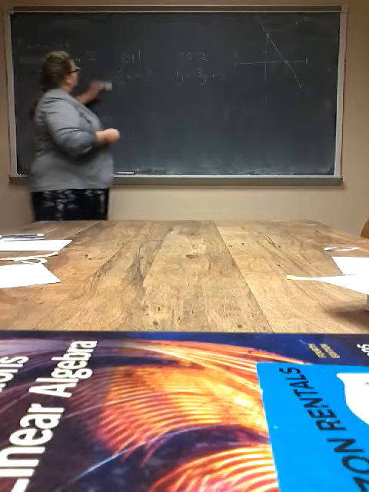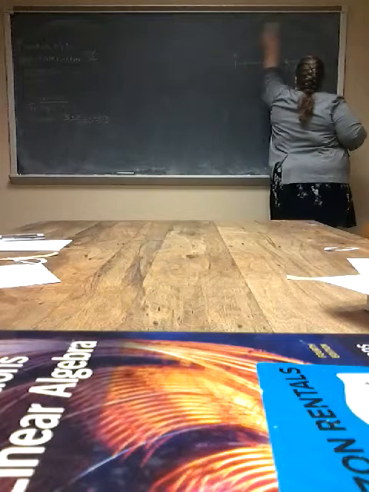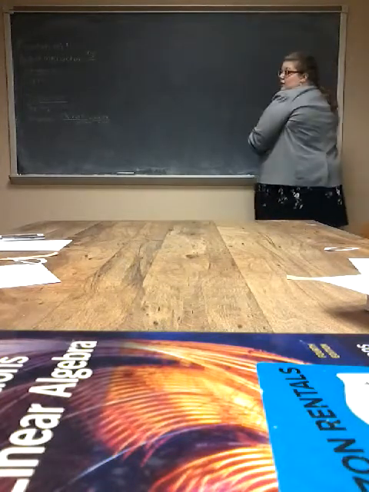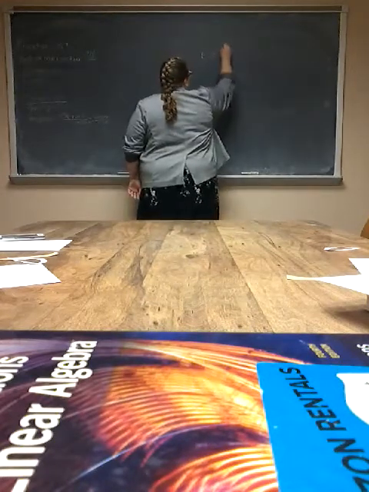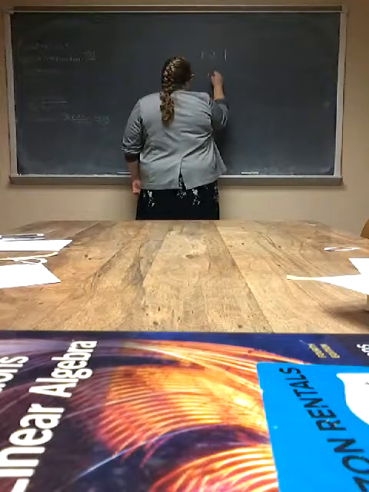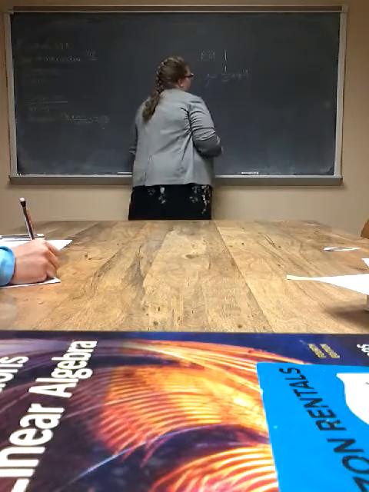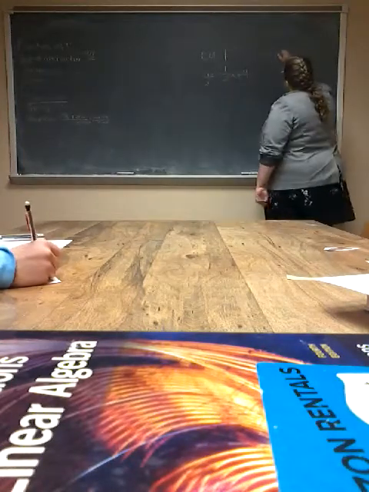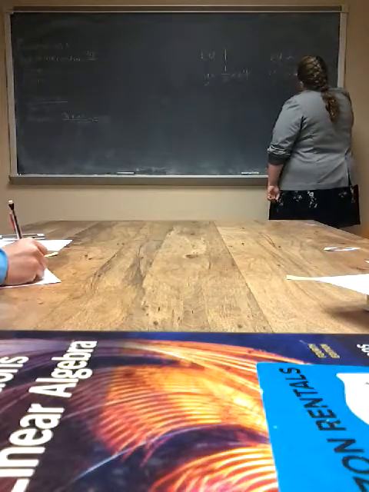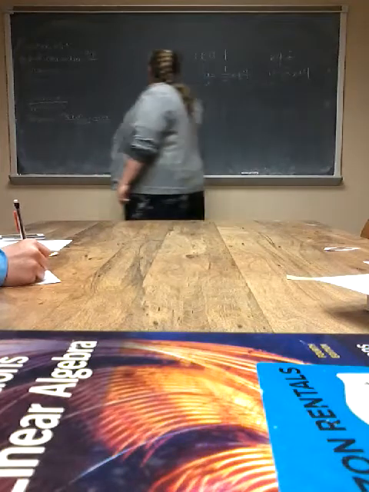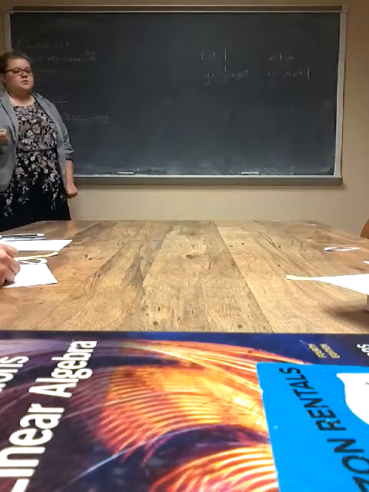Good start. Let's do our next one then. And this time I'm not going to graph it with you. So if you've got any questions about how to graph it, let me know. So we've got y equals negative 1/2 x plus 4, and y equals 2x plus 4.